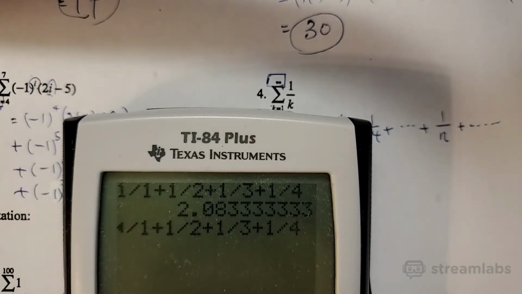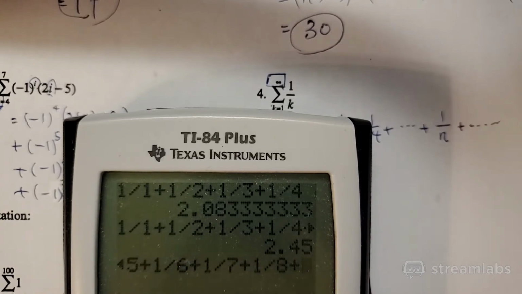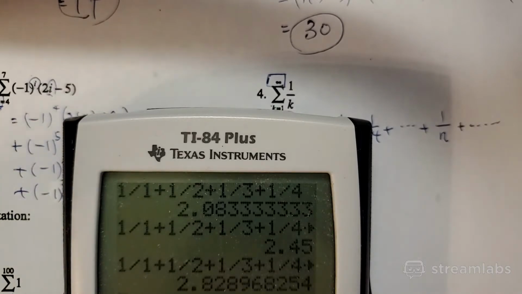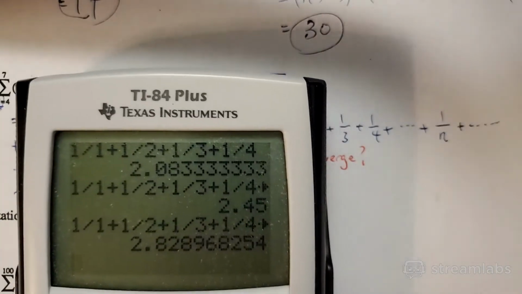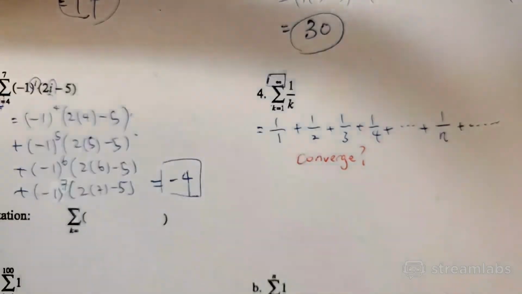I'll add more. 2.45. I'll add more, 1 over 7, 1 over 8, 1 over 9. 2.82. So it's increasing, right? You see that? It keeps increasing, and it's not stopping, right?